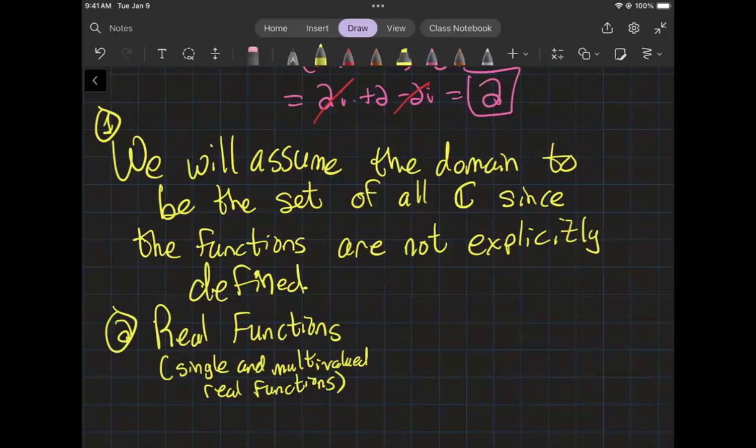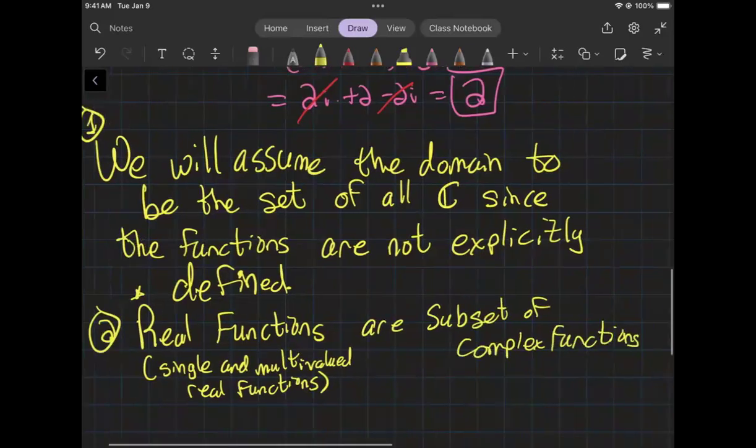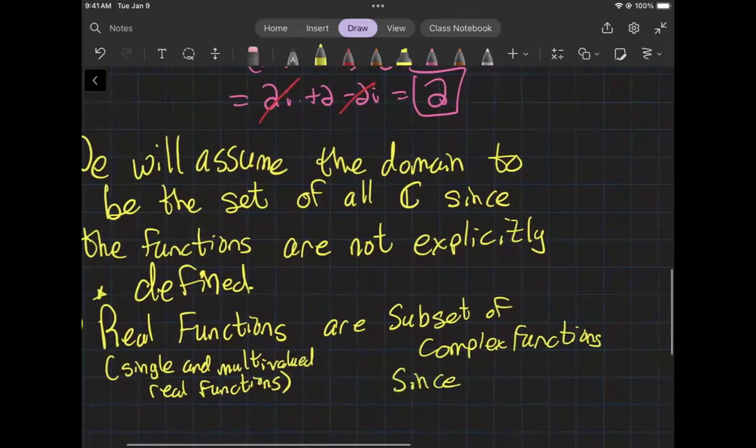So real functions, I will say that to mean all single and multi-valued real functions. This is a subset of the complex functions, since the real numbers are essentially a subset of the complex numbers. A real number is just that real number plus 0i, so z equals its conjugate.